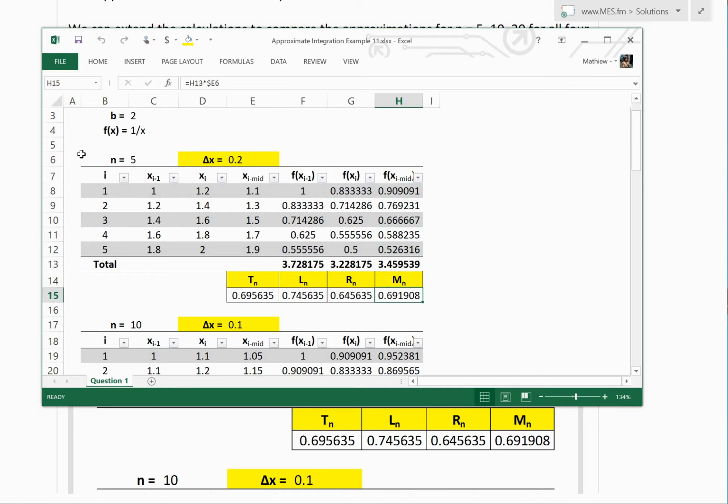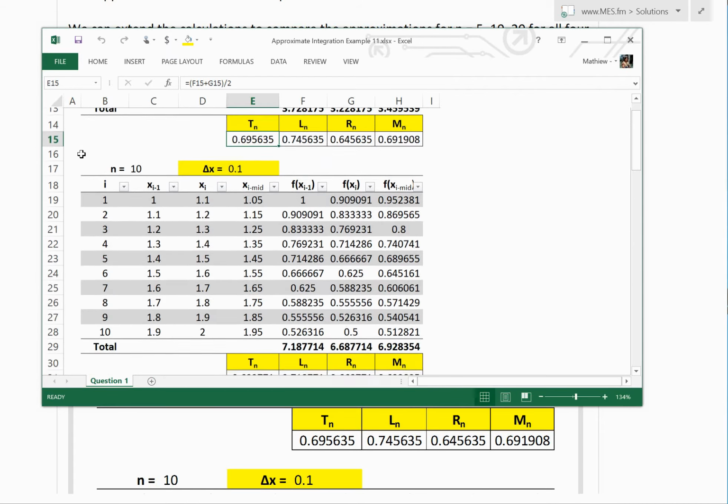And then from this I was able to sum these up and multiply by delta x. And then we get the errors for this, and the trapezoid again is the average of the left and right. If I click it, basically this is just averaging the left and right there.